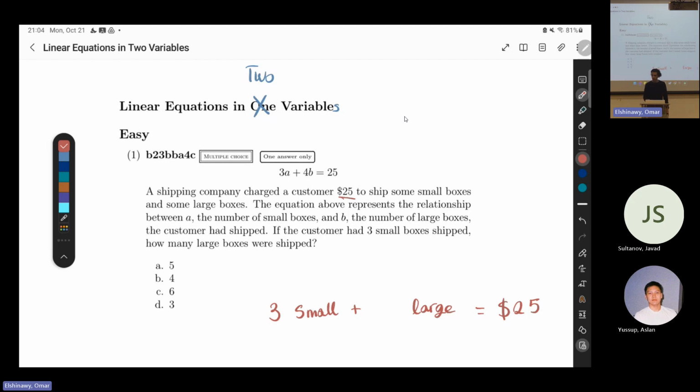Now we have some variables, just a moment. A and B. Now A is the number of small boxes. So the number of small boxes is 3. Then you have the price of each small box. Then you have a certain number of large boxes. Then you have the price of the large box.